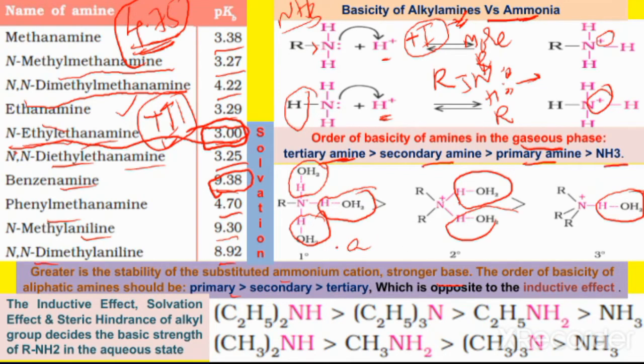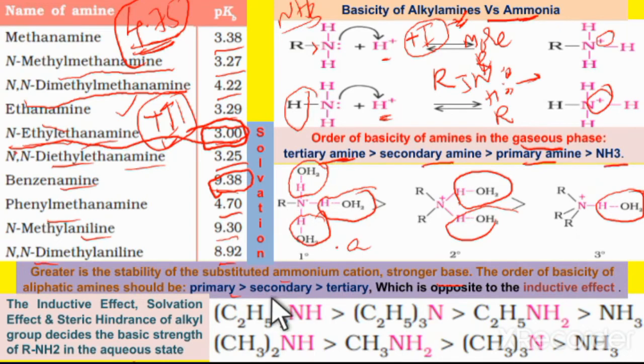Here the inductive effect, solvation effect and steric hindrance of the alkyl groups decide the basic strength of alkyl amines in the aqueous state, so the alkyl amines show a different order in the aqueous state.